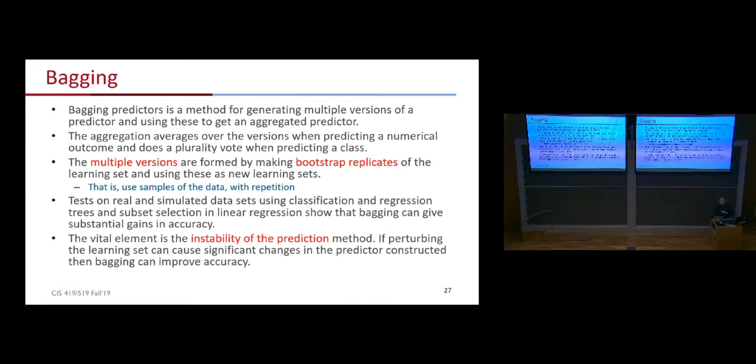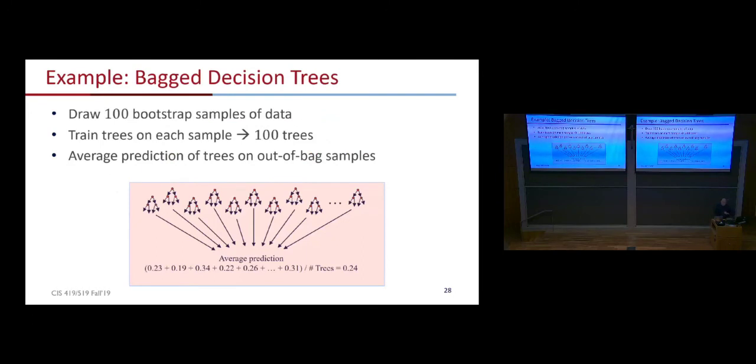The key issue here is if you sample the data, you're going to get an approximation to the classifier that you care about. It's going to have a large variance, and eventually, if you sum a lot of these, you're going to reduce this variance. So you can think about it this way. You take 100 samples of the data. You train trees, for example.